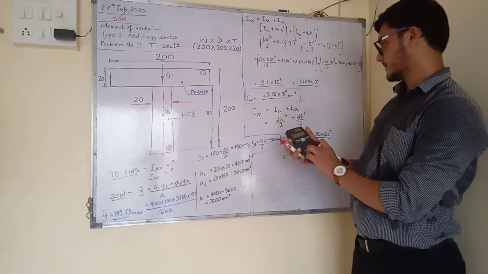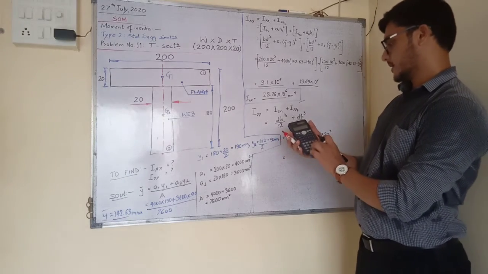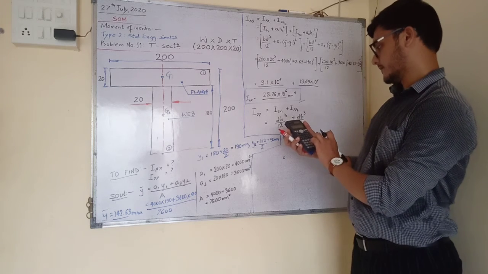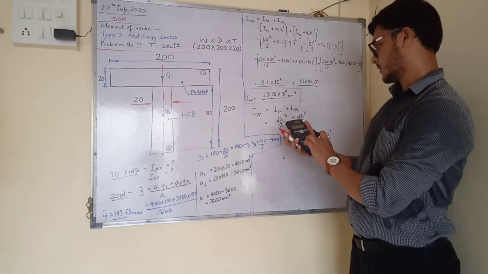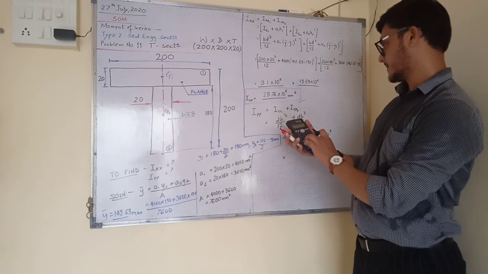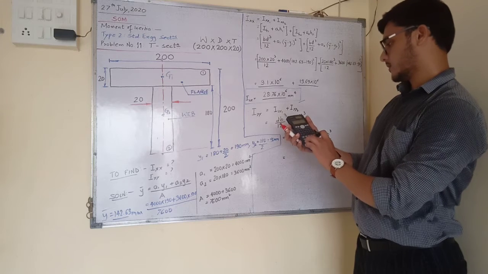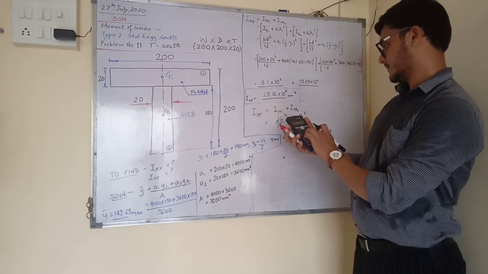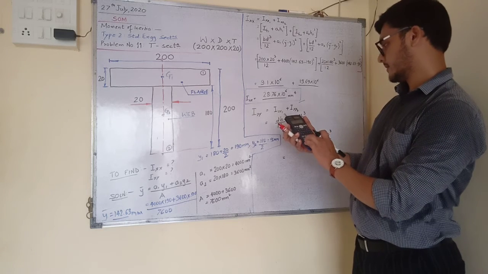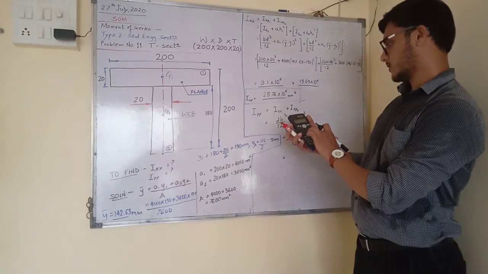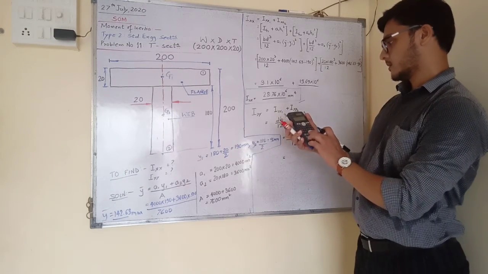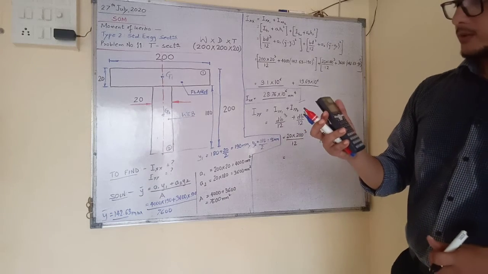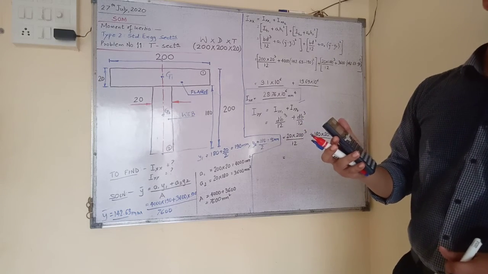So I will solve this: 20 into 200 cube divided by 12, close the bracket, plus open double bracket, 180 into 20 cube divided by 12, close double bracket. So I got this 13.33 into 10 raised to 6.